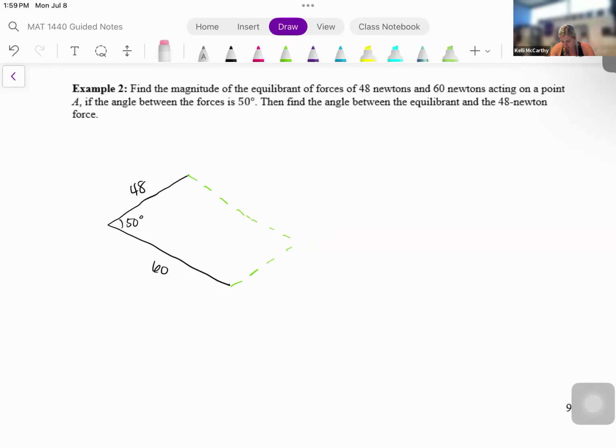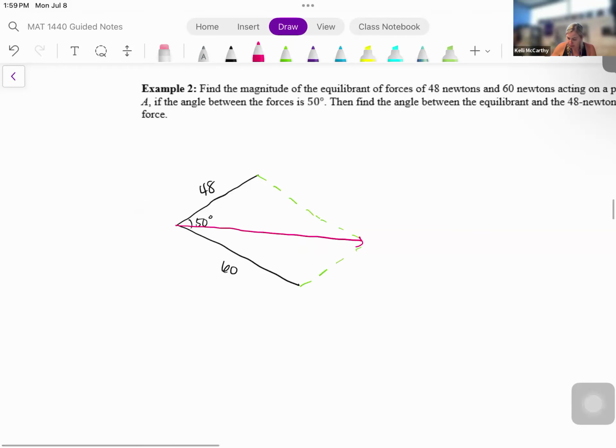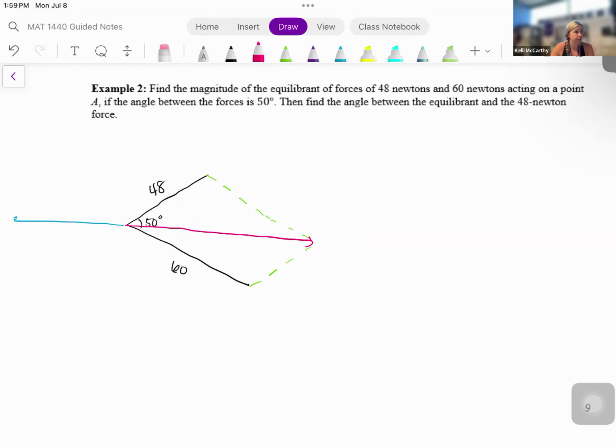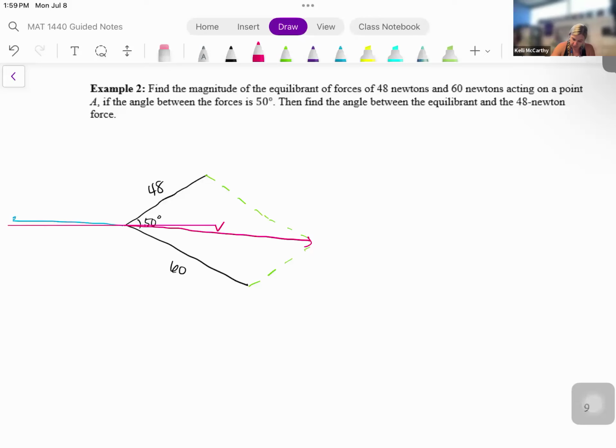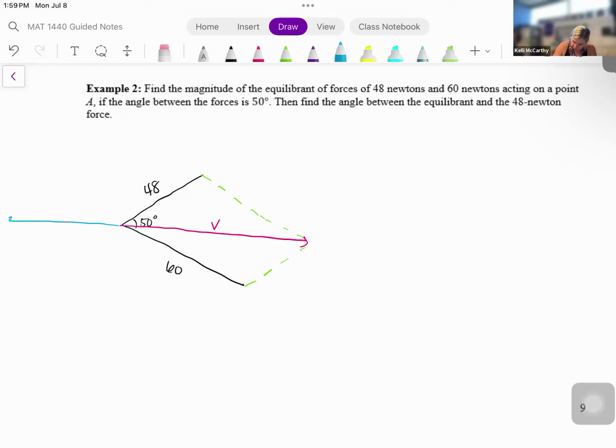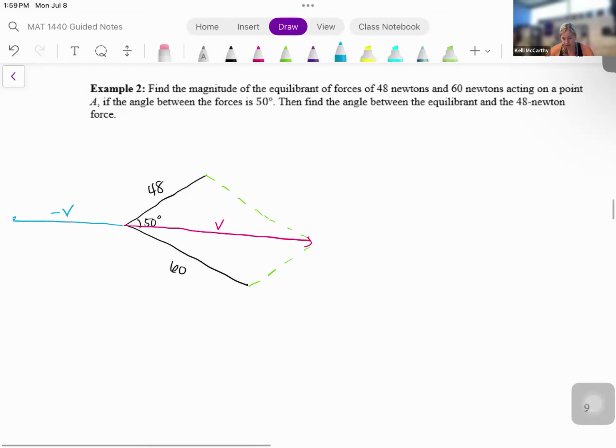It's not perfect, but that's okay. There's our resultant, which means that the equilibrant just goes in the opposite direction. And I'm going to denote the equilibrant as negative V because we're going in that other direction.